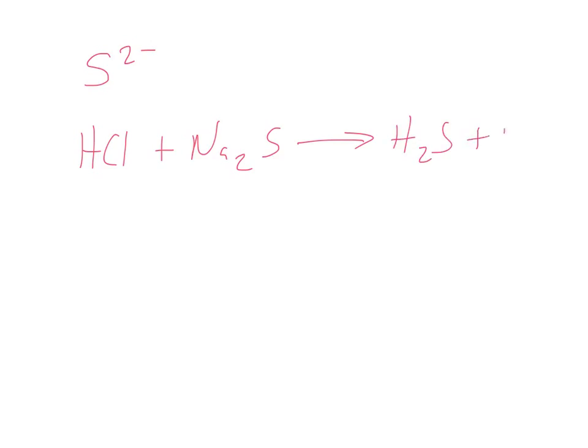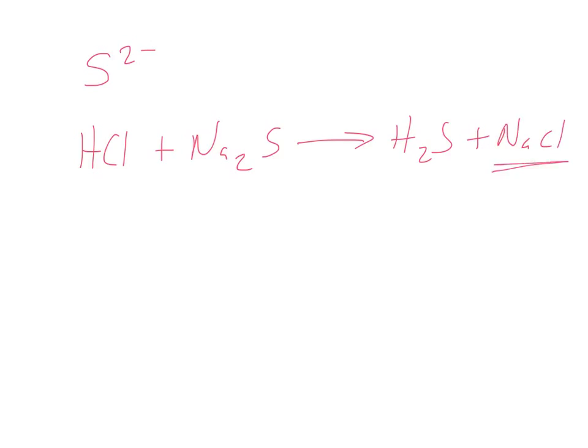Okay? Now, the last one we're going to talk about is the sulfide. Now, the sulfide is slightly different. Whenever I add an acid to the sulfide ion, so something like HCl plus Na2S, I'm going to make H2S plus NaCl.